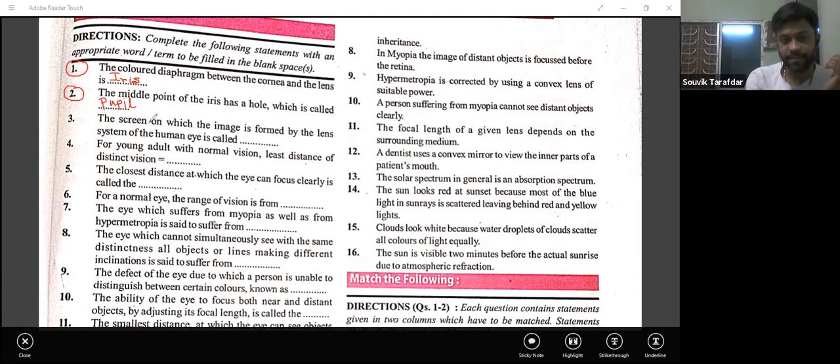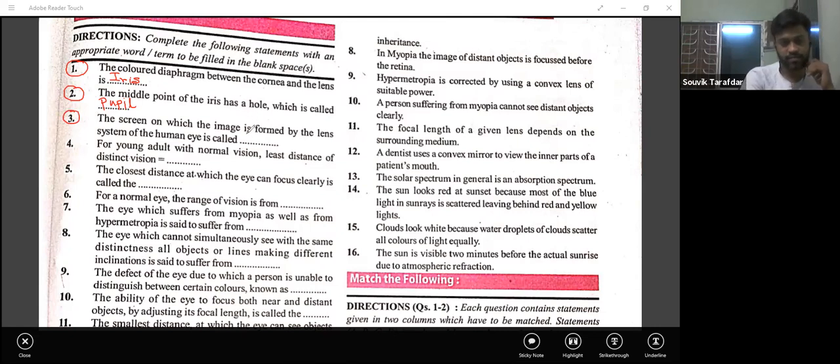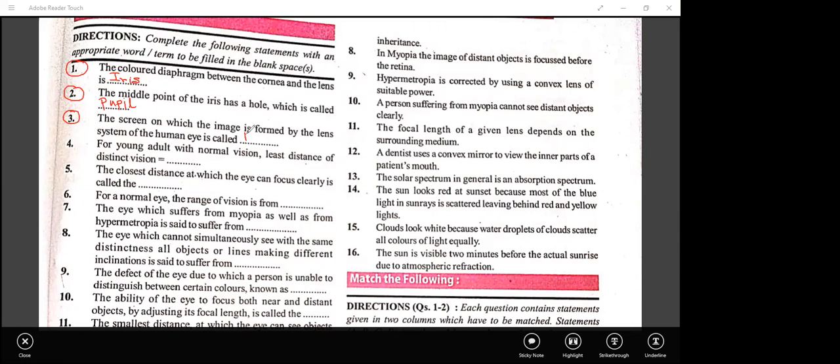The next is, the screen on which the image is formed by the lens system of the human eye is called. Now Krishna will say. Sir, retina. Okay. Is it retina? Yes, sir, it is retina. Yes, absolutely.